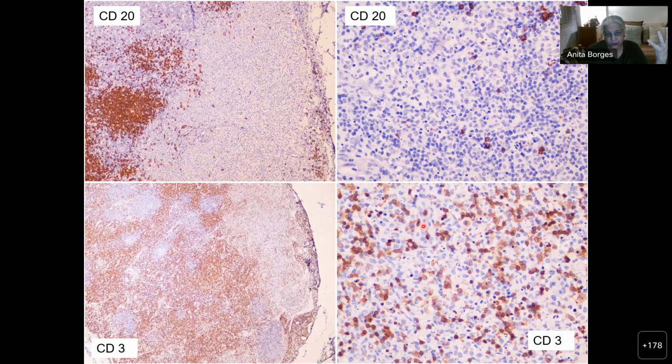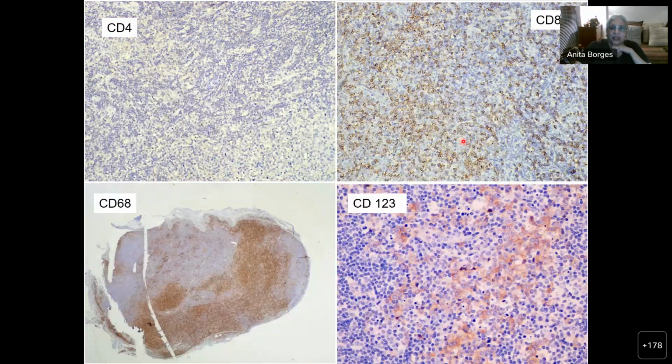You do see a few CD3 cells in those pale areas. But when you look at this, there is much more CD8 than CD4. And CD68, a marker for histiocytes, is marking those pale areas.